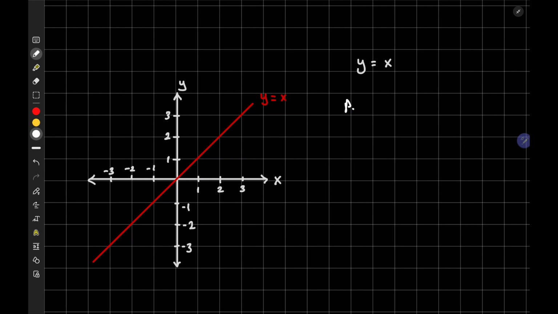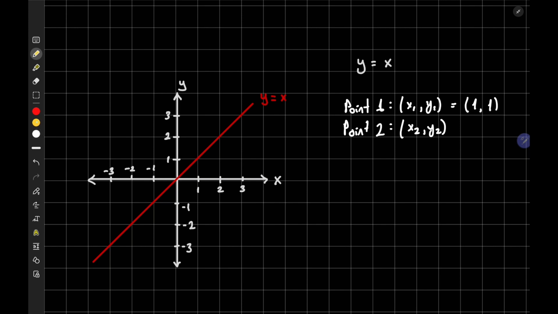Let's say that point 1 is (x1, y1) and point 2 is (x2, y2). And let's say that point 1 is (1, 1).